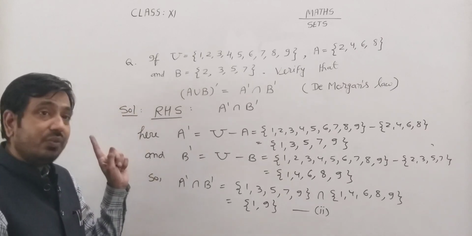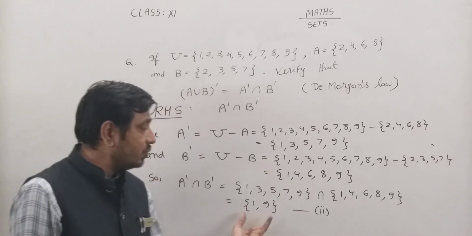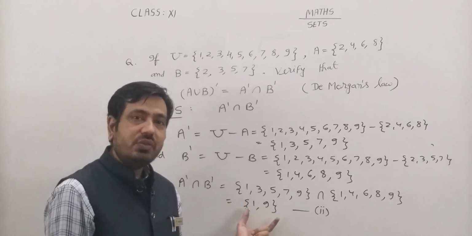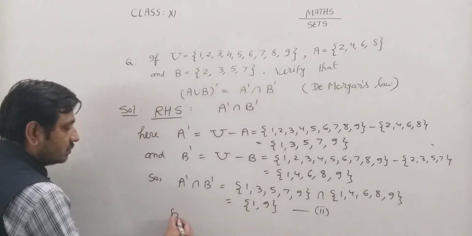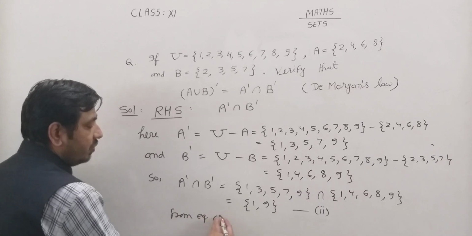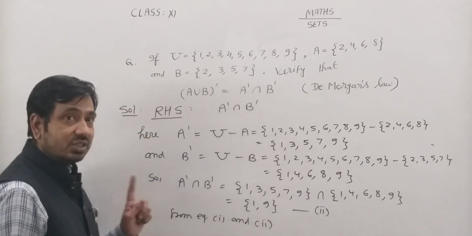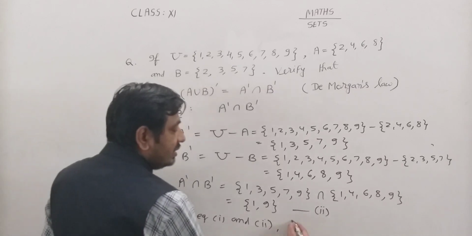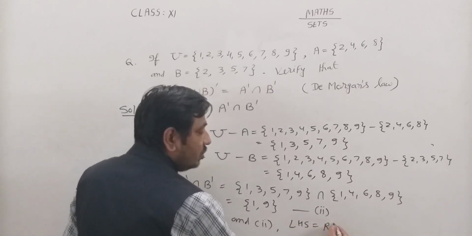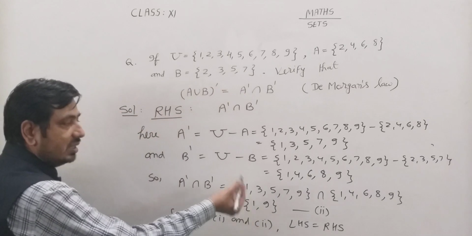Class, recall the first equation. The first equation is 1, 9 and the second equation is also 1, 9. From the first and second equations, we say the left side is equal to the right side. We say LHS is equal to RHS because these are the same.